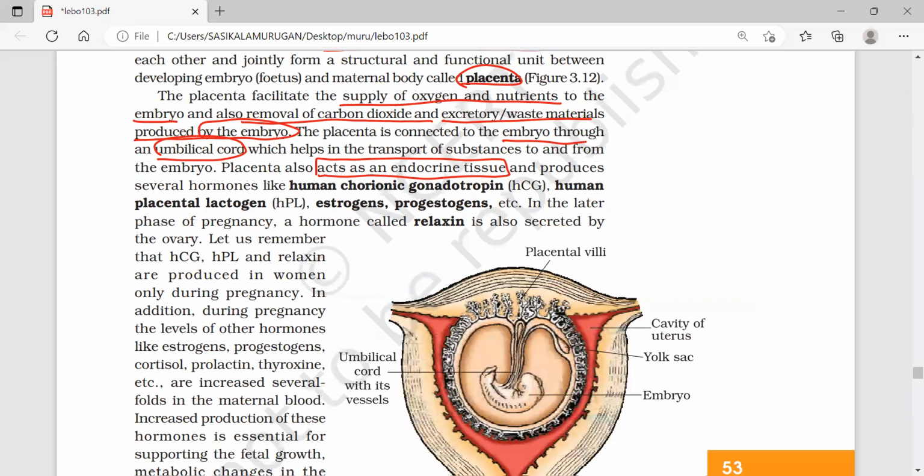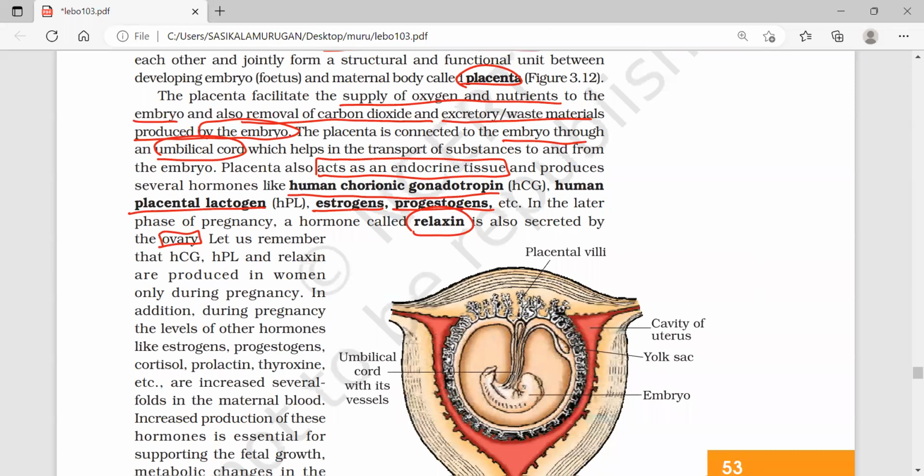Human chorionic gonadotrophin, human placental lactogen, estrogens, and progestogens. All these hormones are synthesized by the placenta. And in the later phase of pregnancy, another hormone called relaxin is also secreted by the ovary, right? So you should note down this is another very important hormone.